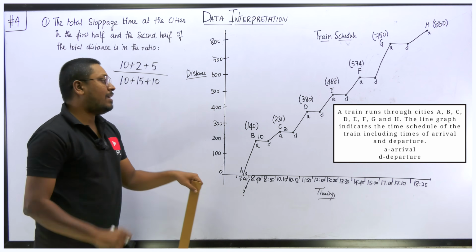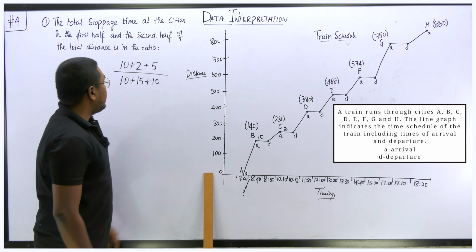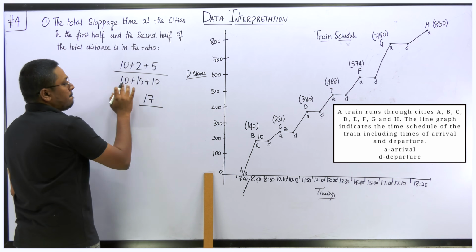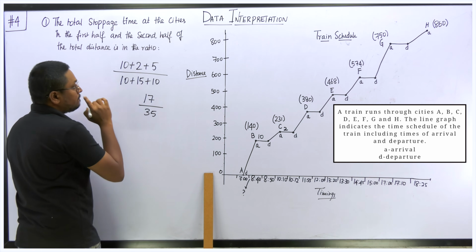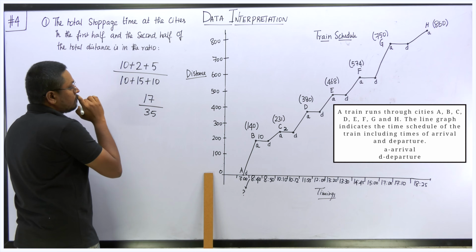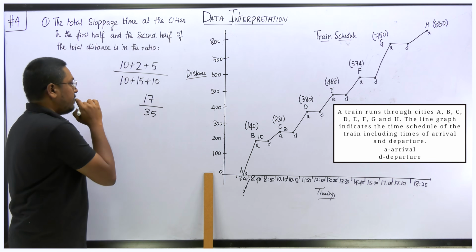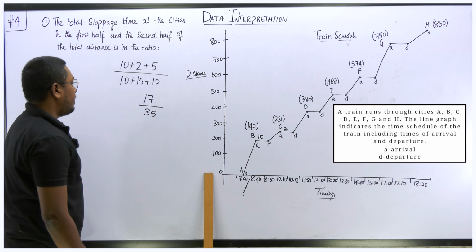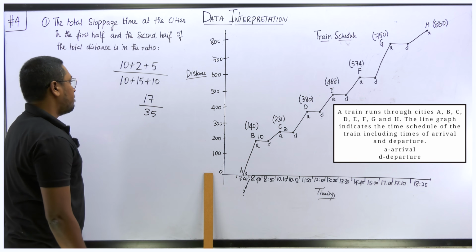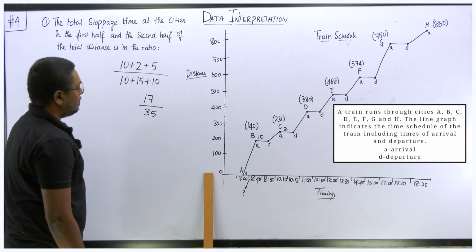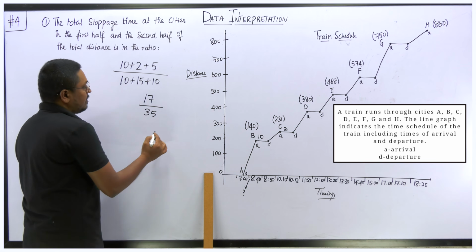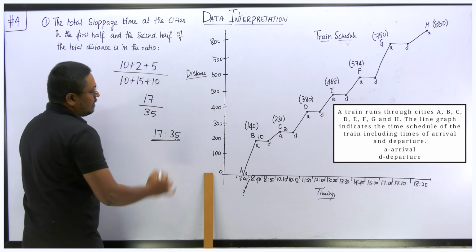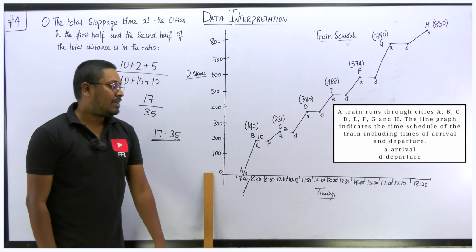Now we need to add and find the ratio, right? 10 plus 7 will be 17. 10, 15, 10 is 35. I think we can't cancel any values. So the answer will be 17 is to 35. That will be the ratio.